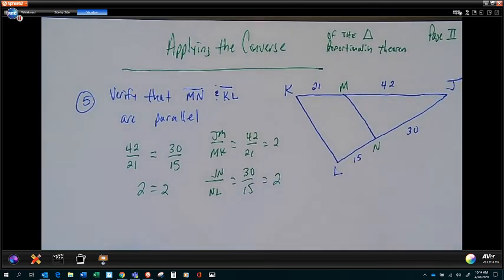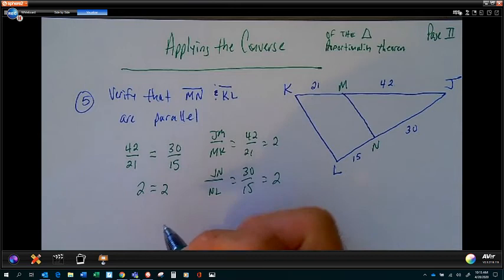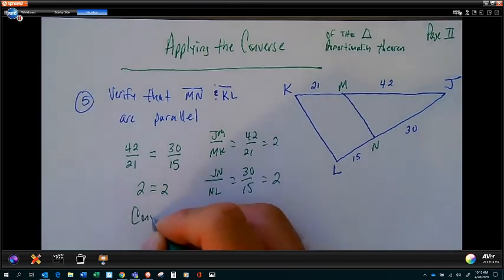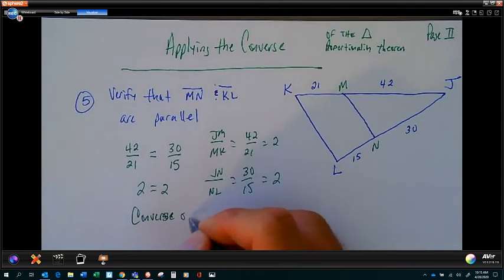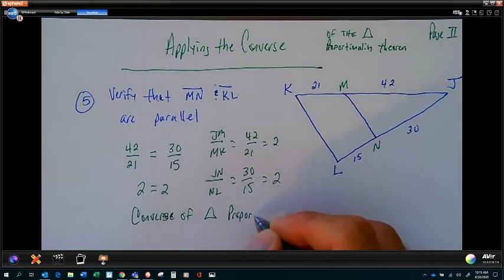So either way you go about it, you can get there the same way. And therefore it is proven by the triangle proportionality theorem, or the converse of the triangle proportionality theorem.